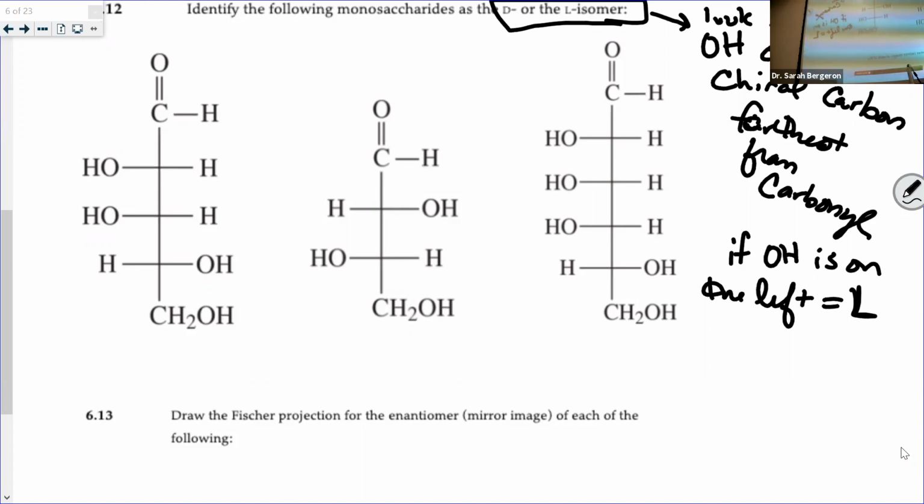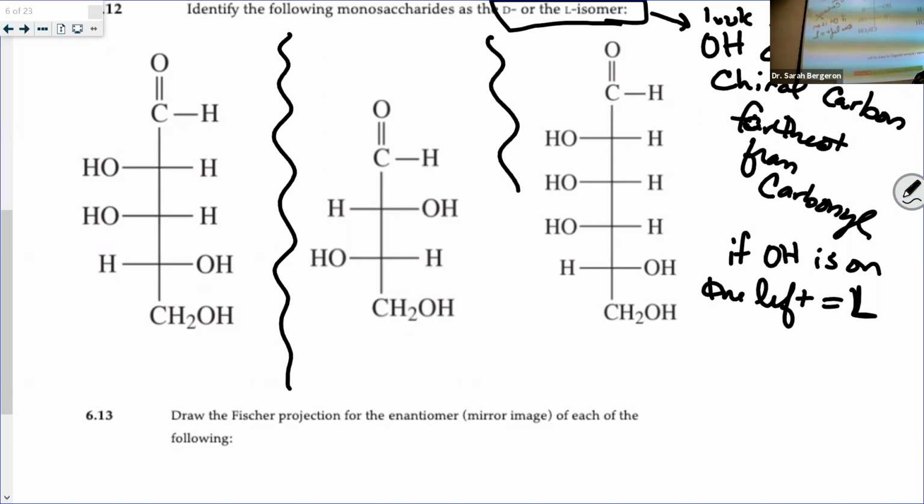Okay? So these are not isomers of each other. They are 3 different molecules. I'm just wanting to know of each of these molecules, is this the L isomer of that molecule or is this the D isomer of the molecule? So what I need to do is I need to find my carbonyl.